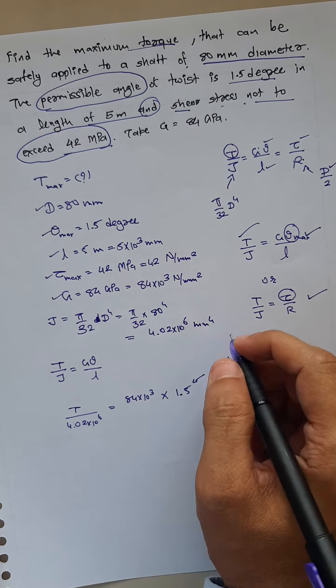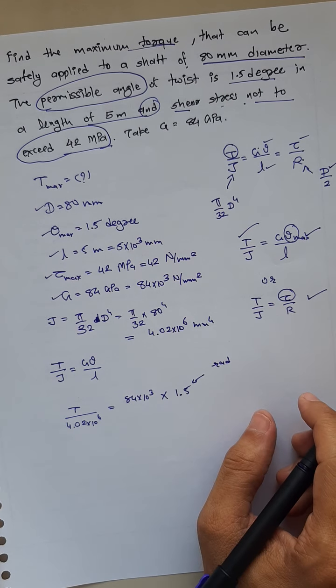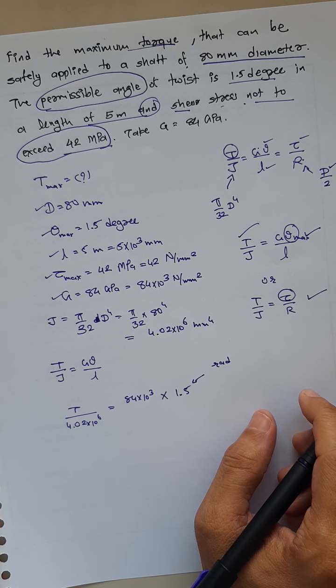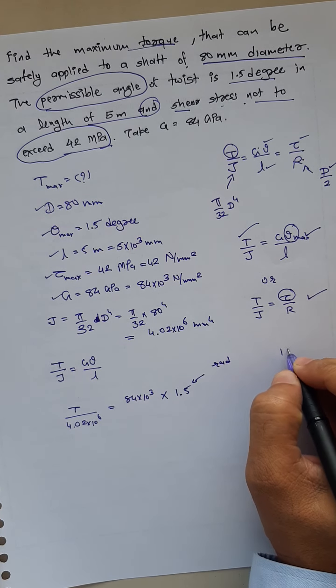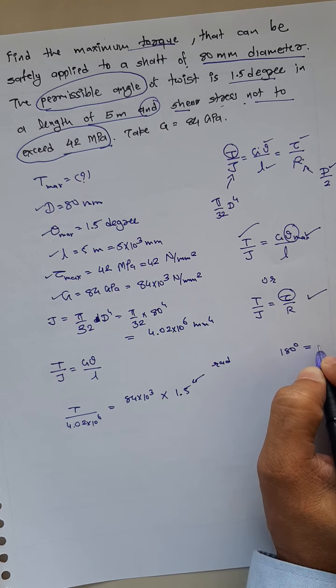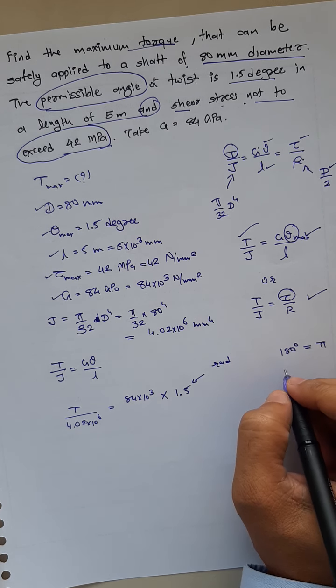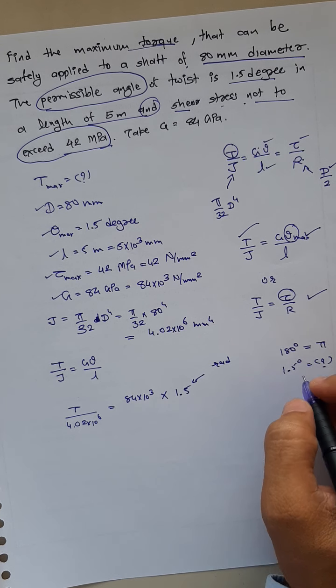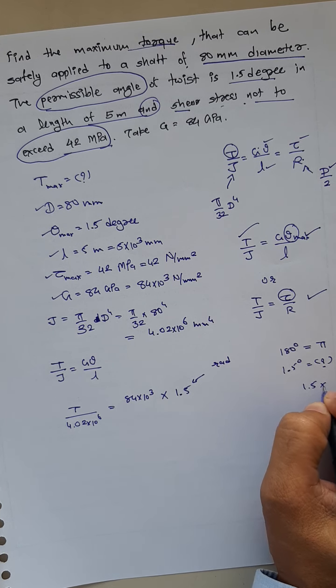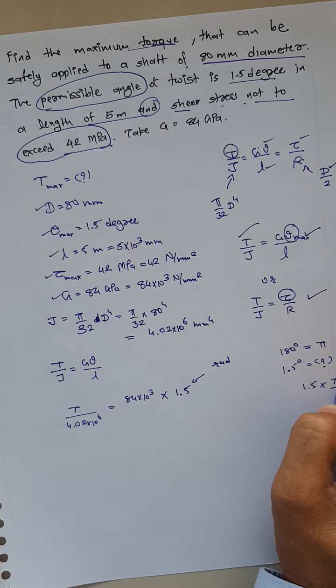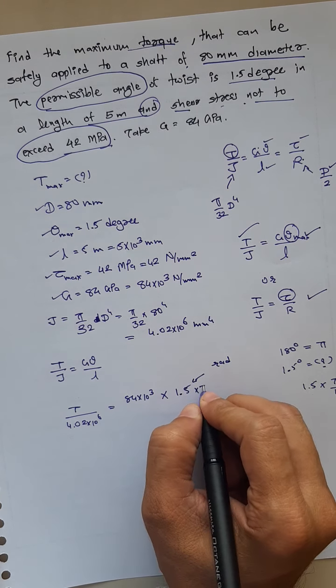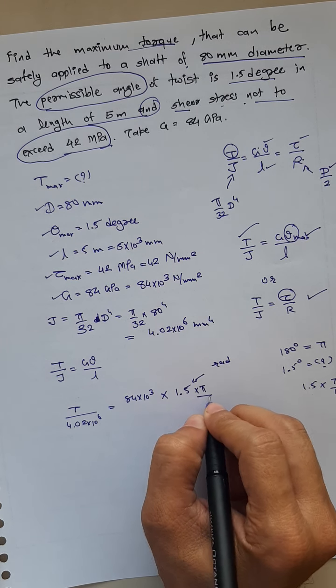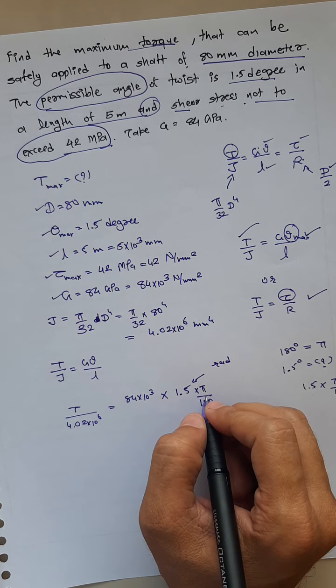But here you have to consider the value of theta in radian. So if I want to convert degree into radian, how will it be? I know 180 degree is equal to pi radian. So 1.5 degree means how much? So 1.5 multiplied by pi by 180. So we need to multiply pi divided by 180. Okay.